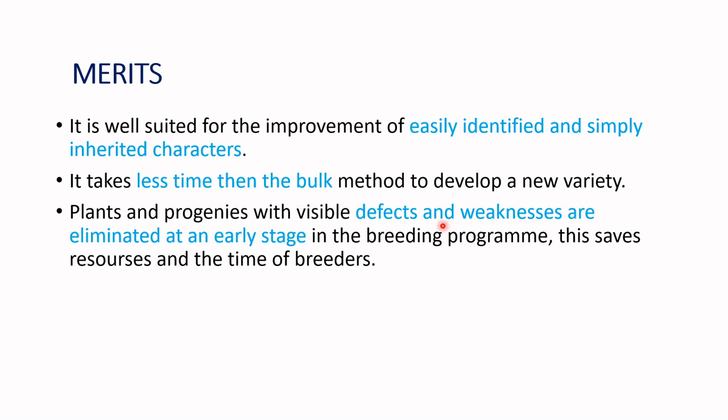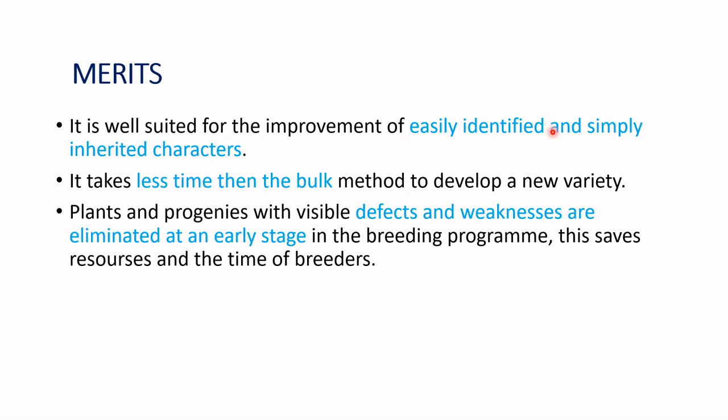So it comes with the first type of modification, early generation selection. With this, defects such as weaknesses, poor germination, low vigor and viability can be rejected in the first phase itself.